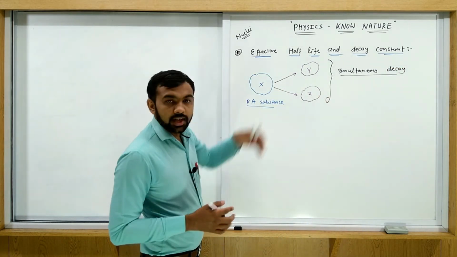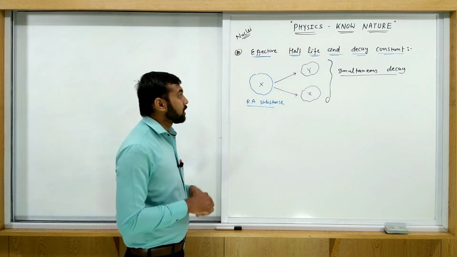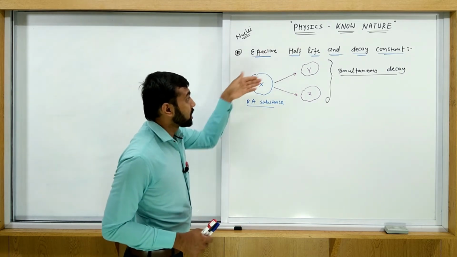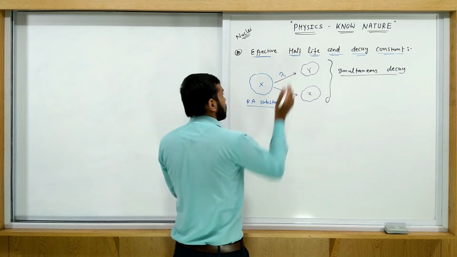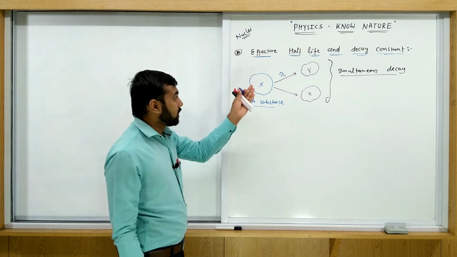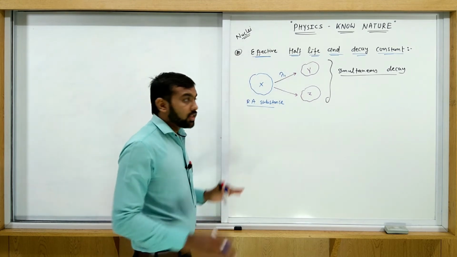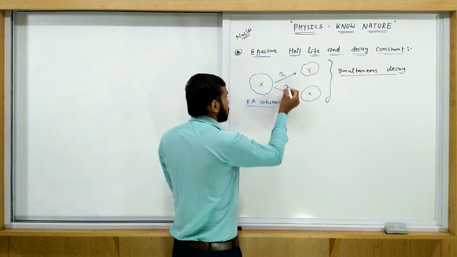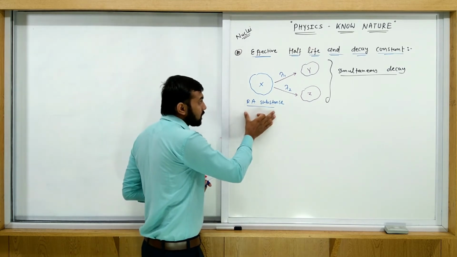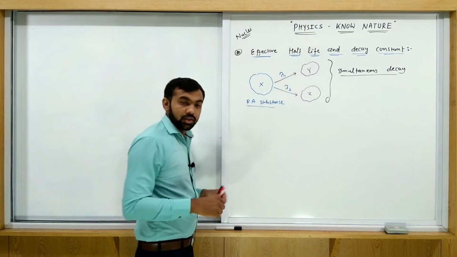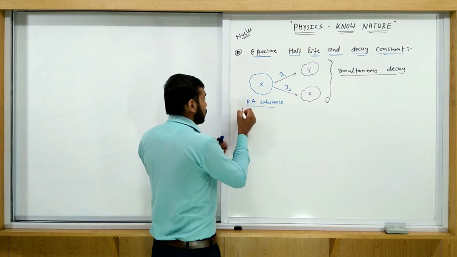So x decays into y with some decay constant lambda 1. Consider here the decay constant is lambda 1. Now x again decays into z with a different decay constant, suppose lambda 2. Okay, so this is the parent nuclei and these both are daughter nuclei.